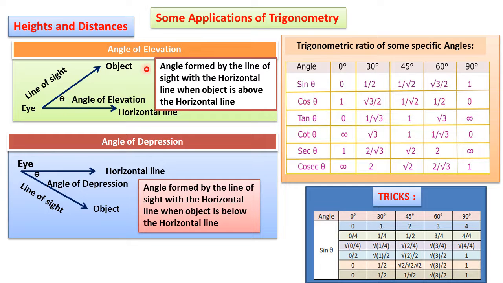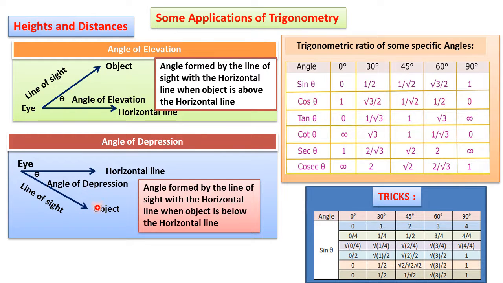So the angle of elevation is nothing but the angle formed by the line of sight towards the object which is above the horizontal line. You can see here we have the horizontal line and the object is above it. This angle is called the angle of elevation, whereas the angle of depression is the angle formed by the line of sight with the horizontal line when the object is below the horizontal line.